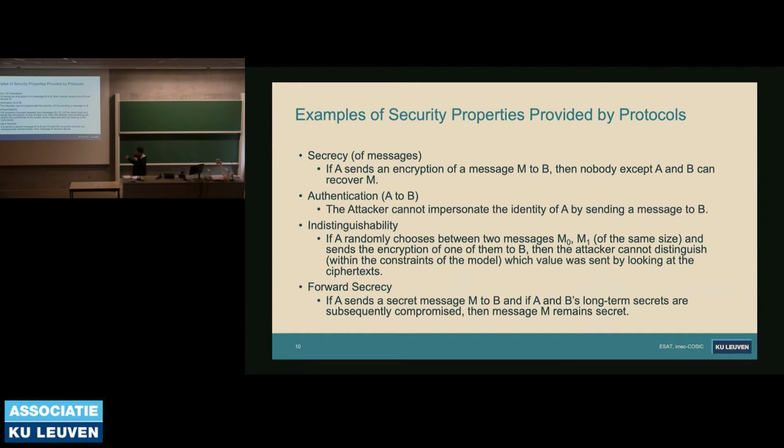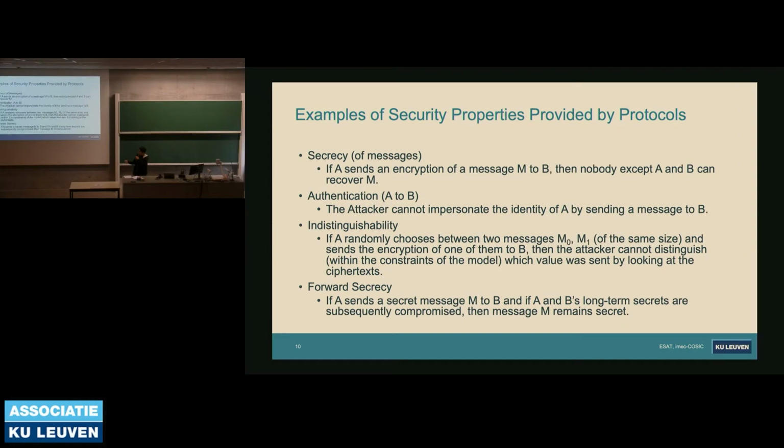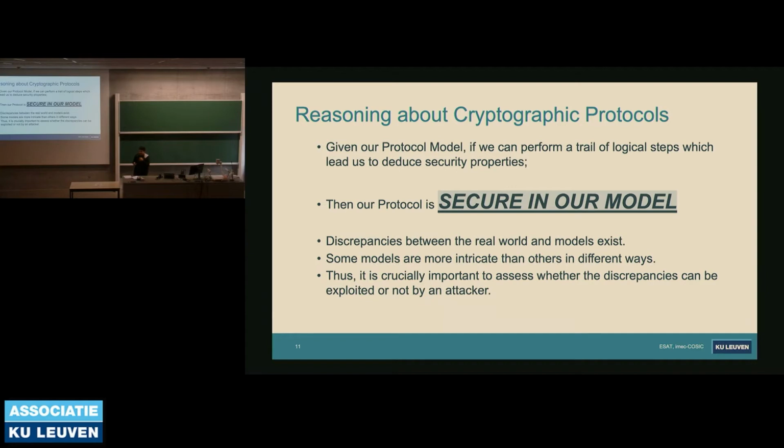So these are some simple properties that usually are taken into consideration when analyzing secure channel protocols, and we try to verify them at the end of the execution. In case we reach the end, given our set of assumptions and what we obtain at the end, if the protocol satisfies any of these properties, then we can claim that the protocol is secure in our model exclusively, not secure period, because there's a big difference between what our model could be and the real world.